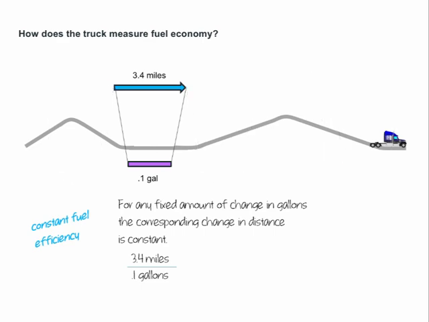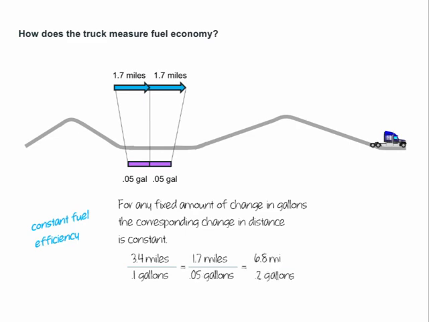Another important aspect of constant fuel efficiency is that knowing the truck travels 3.4 miles for every 1/10 of a gallon allows us to know the truck's fuel efficiency over any other amount of fuel consumed. For example, if the truck travels 3.4 miles for every 1/10 of a gallon, the truck must travel 1.7 miles for every 1/20th of a gallon of fuel it uses.